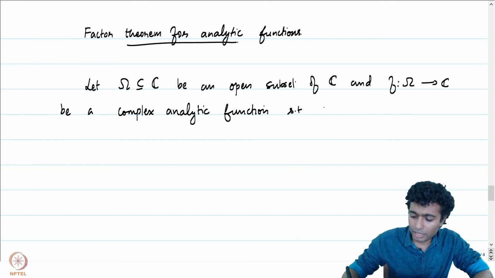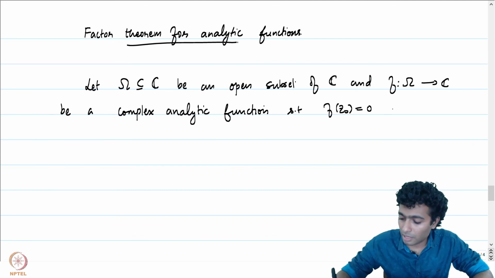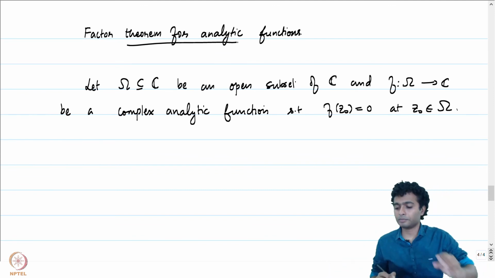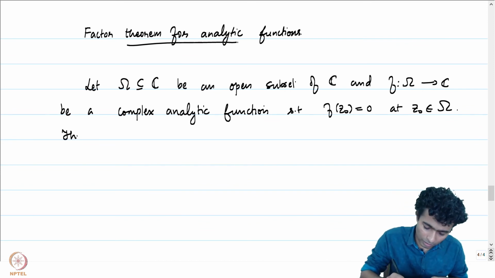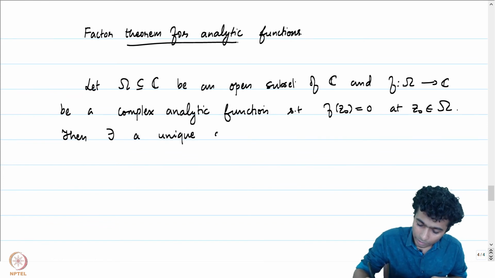such that f of z0 is equal to 0. It vanishes at a point z0 in omega. Then there exists a unique complex analytic function.